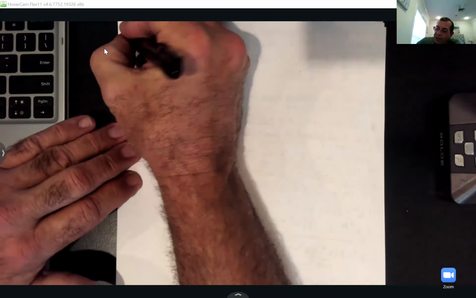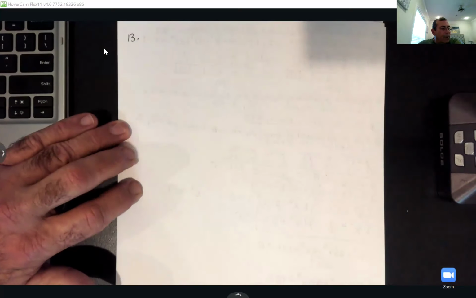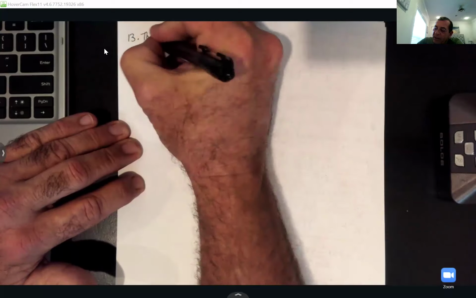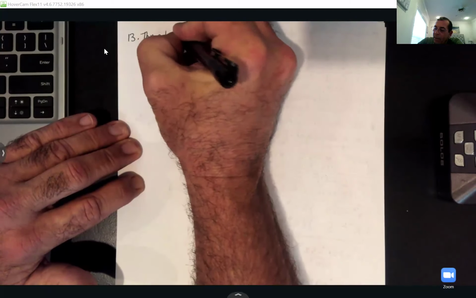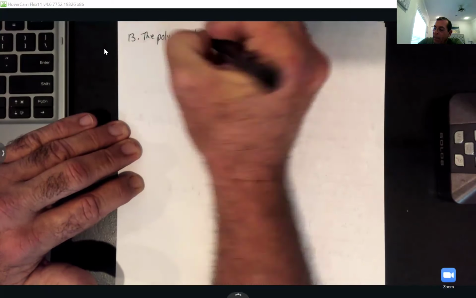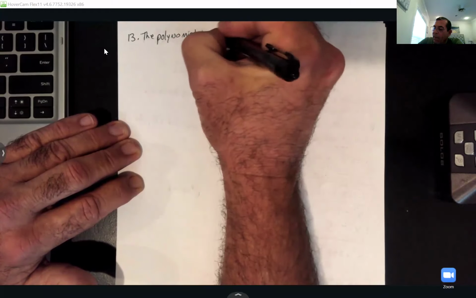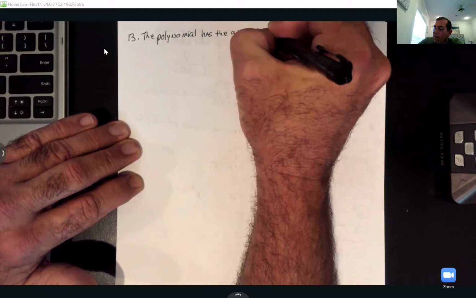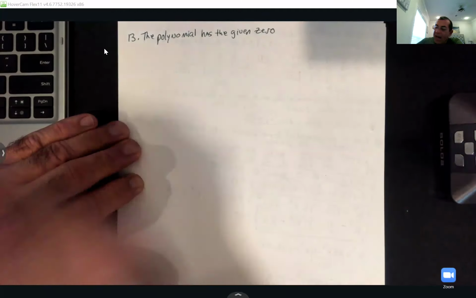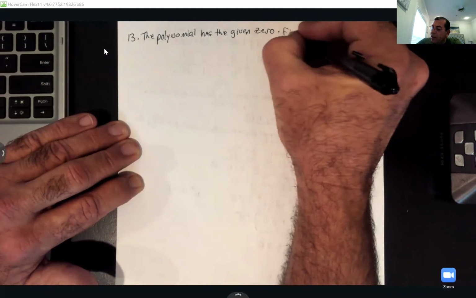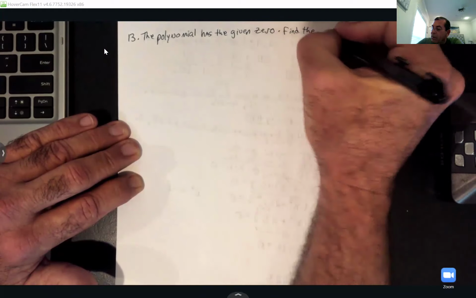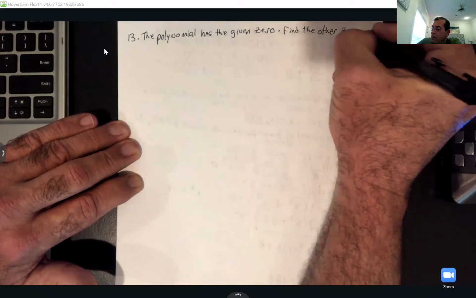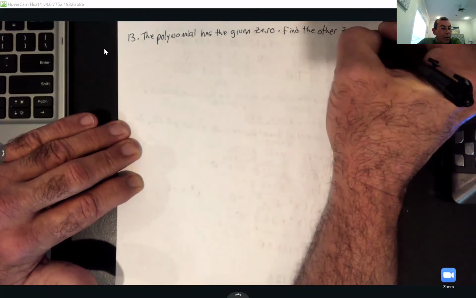All right, y'all, look here, number 13. 13 says the polynomial has the given 0. Find the other zeros. All right, so let's see what they're giving me.